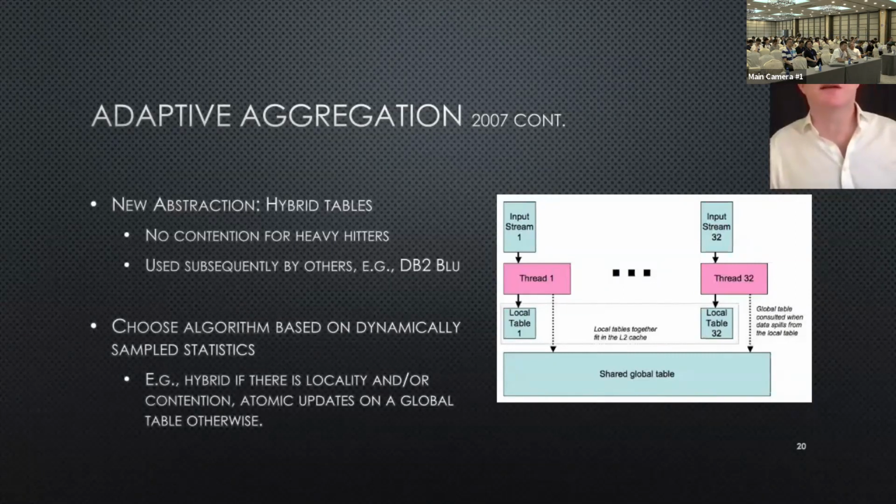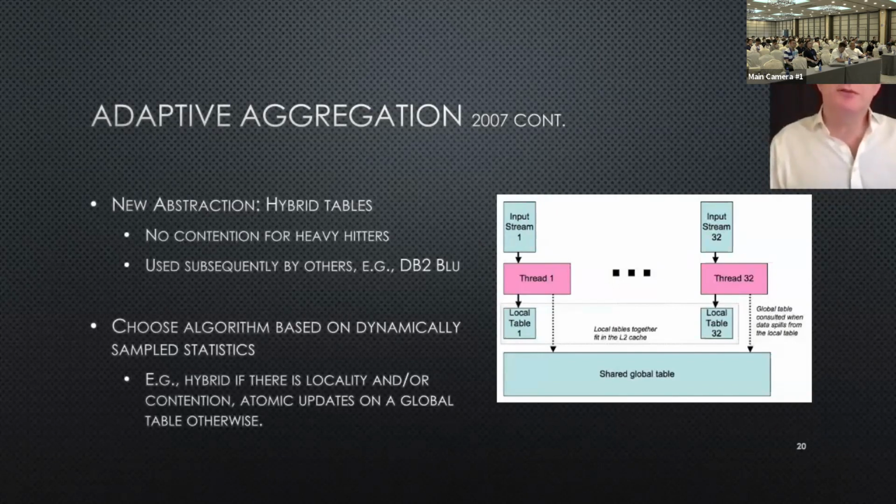Only when data spills out of these local tables, when some item that hasn't been updated in a while needs to make way for a new item that just gets added, that gets spilled to the global table. And so that is done with locking, but hopefully that represents the accumulation of multiple local aggregations, particularly for common items. So this idea of a hybrid table has been used also by others, such as DB2Blue.